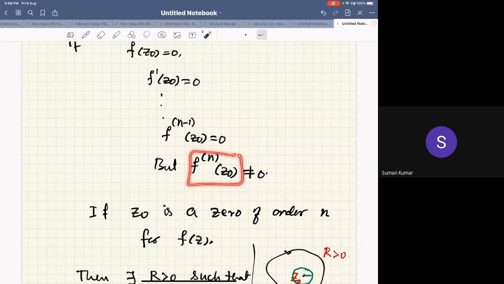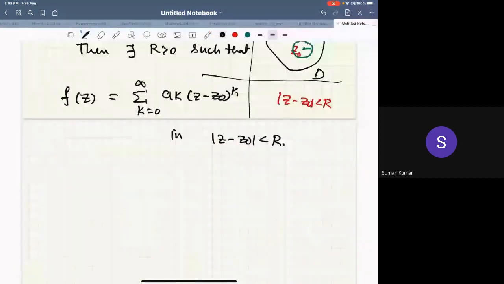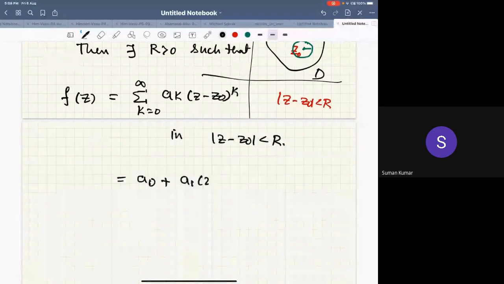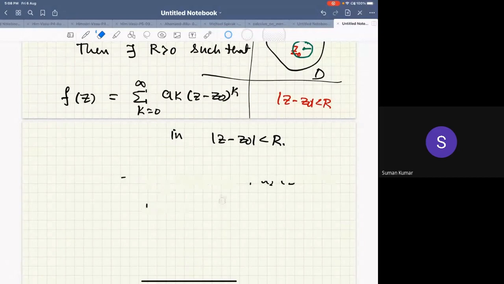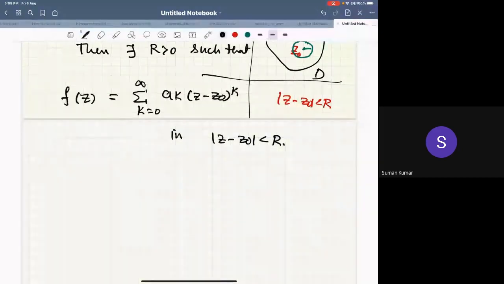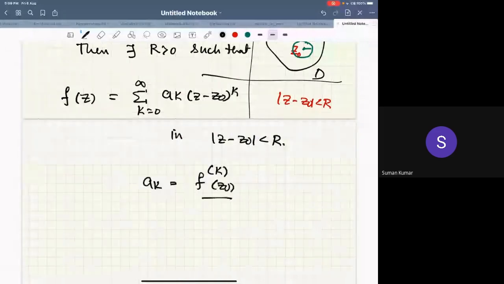If we write this in the series form, this is a0 plus a1 into z minus z0, plus a2 into z minus z0 whole square and so on. Here, our a k are nothing but f power k at z0 by k factorial.